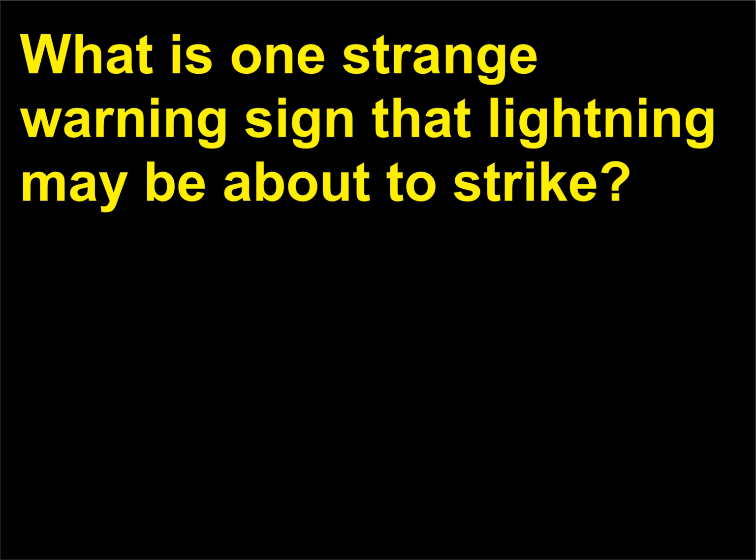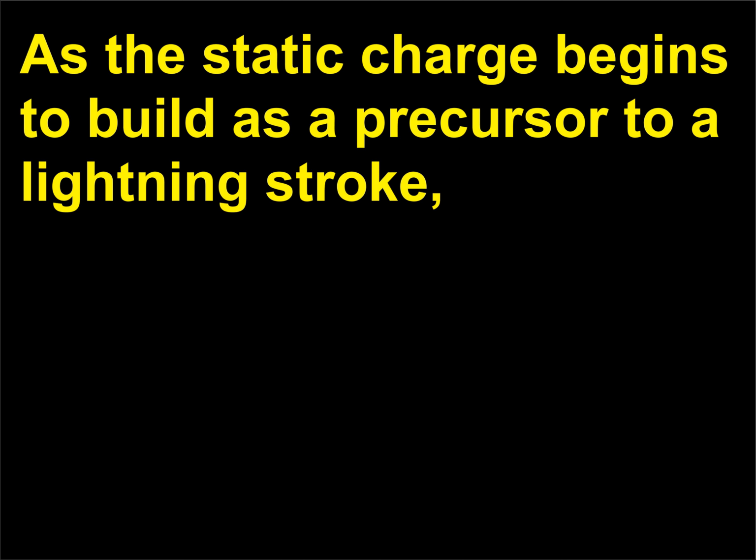What is one strange warning sign that lightning may be about to strike? As the static charge begins to build as a precursor to a lightning stroke, people's hair may stand on end and you can feel the static charge in the air.